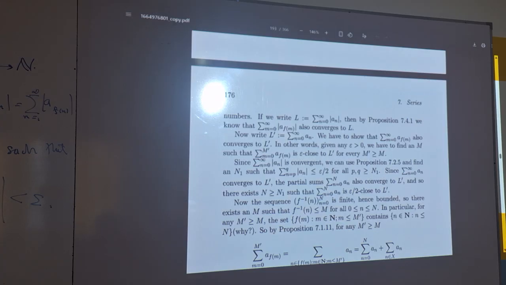If f inverse n is... well, I give you the Kranakula there. What am I paying? And in particular, I read the proof, so I have agreed.